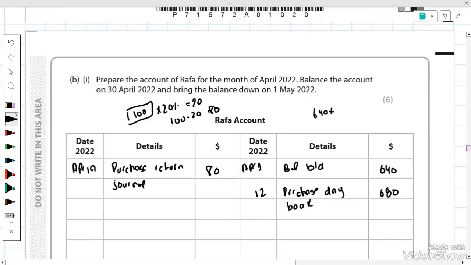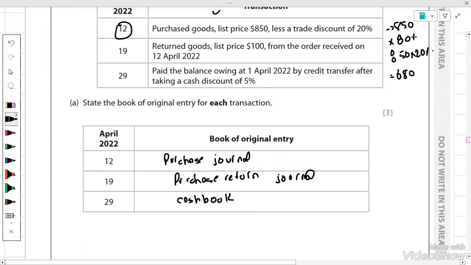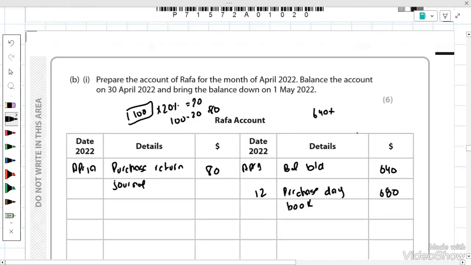Cash discount was 5%. So it means that we received 5% cash discount, so we don't need to pay 640 to Rafa, because she gave us some discount. The discount amount is $32. 640 minus 32 is 608.